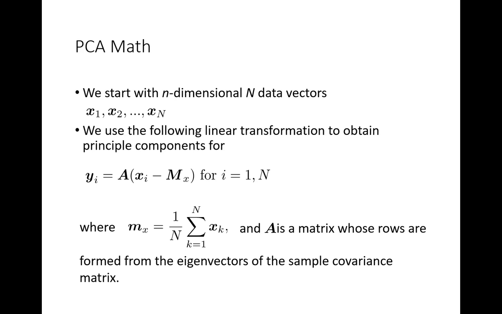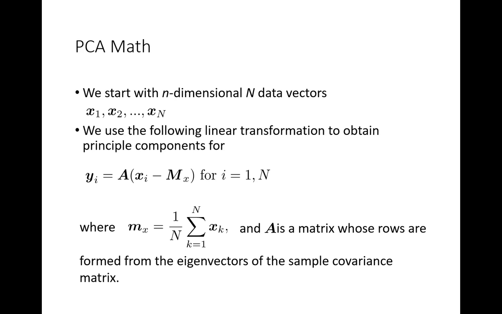Obviously, when you reduce the number of dimensions, there is going to be some loss of data or information in some sense. But PCA is a technique that tries to keep that loss as small as possible. All right. So let's look at a little bit of math related to PCA.